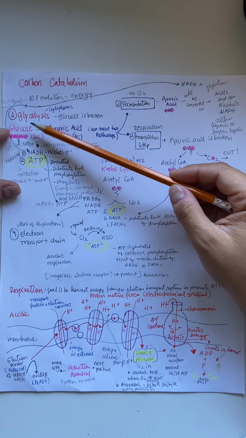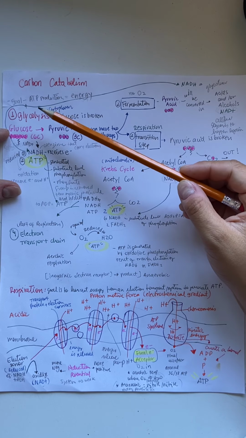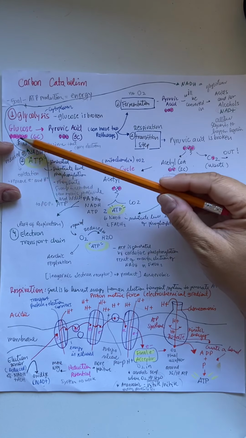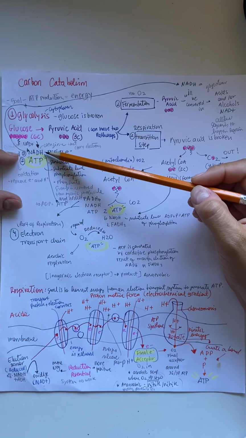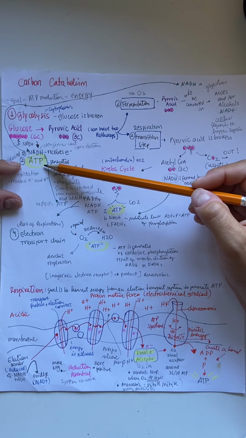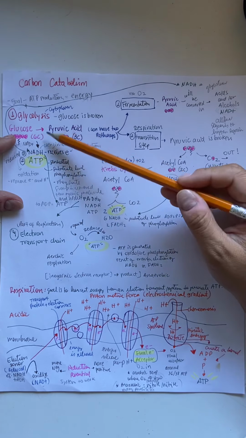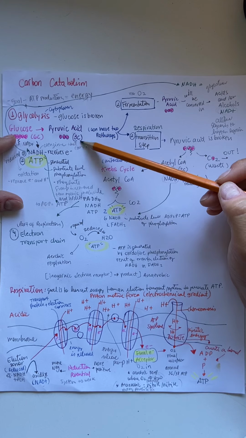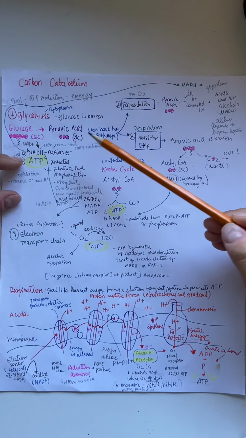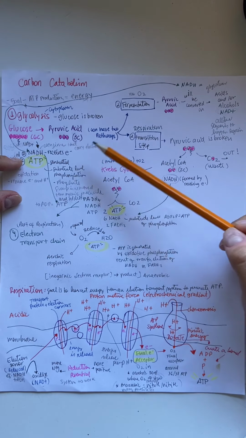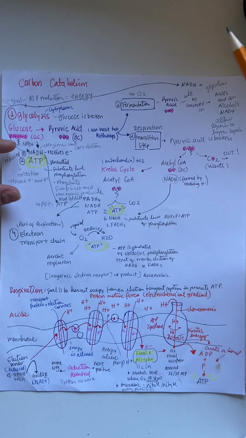Glucose is made of 6 carbons, and when this glucose is broken, it produces 2 NADH and 2 ATP. And also, as a result, we're going to have pyruvic acid, which is composed of 3 carbons. Further, pyruvic acid can take 2 pathways.